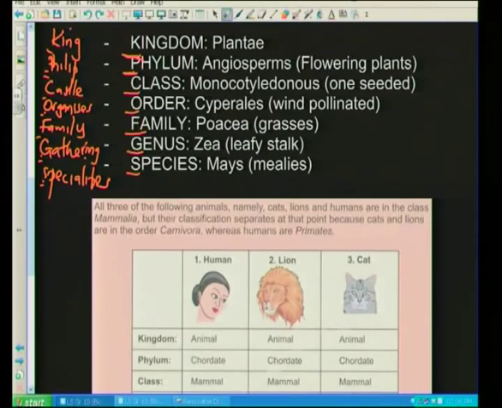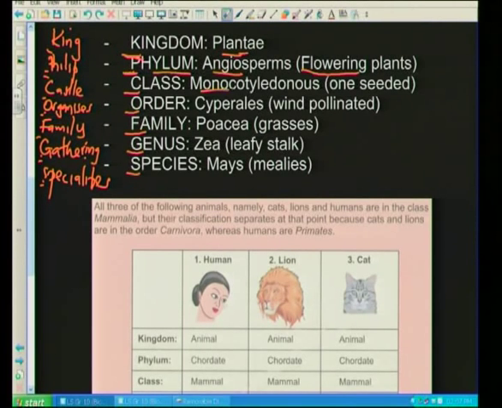Let us see the example which Carolus Linnaeus has given us. He classified plants. He classified the maize into the kingdom Plantae. The maize plant belongs to the phylum Angiosperms, the reason being that the maize plant is a flowering plant.